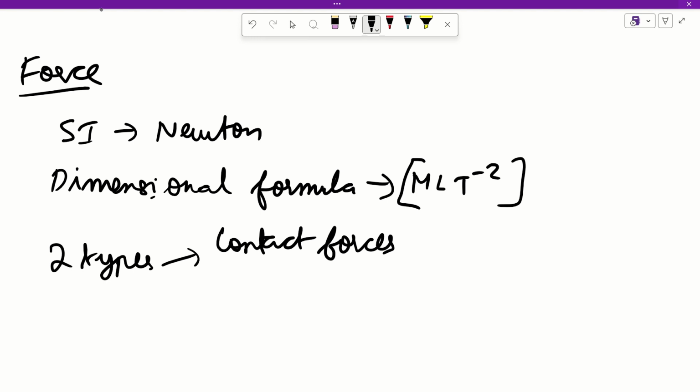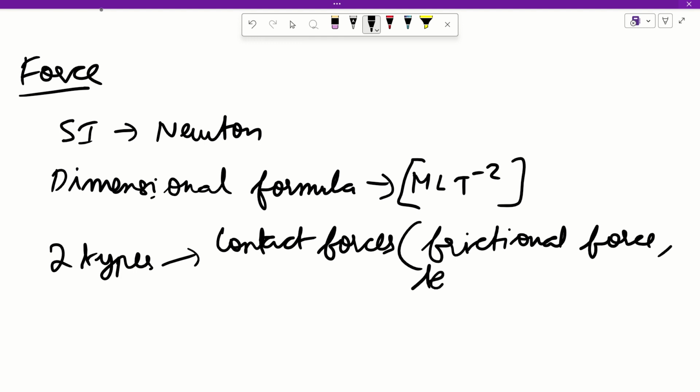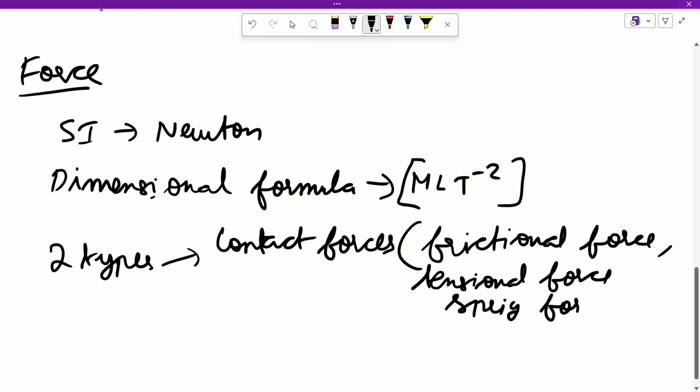We can give a bracket like this: frictional force, tensional force, spring force, normal force, etc.